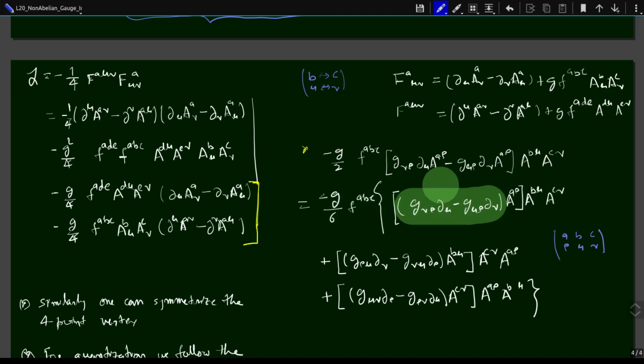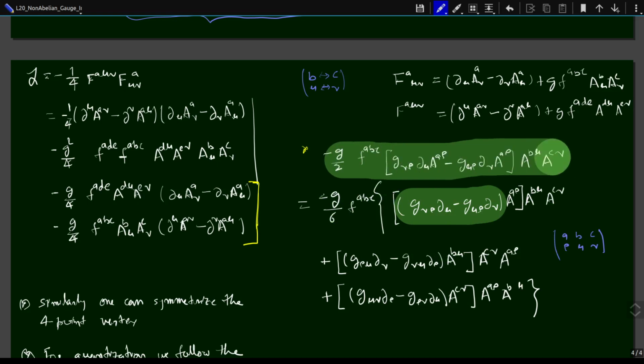Looking at just this piece, it is again completely symmetric, because it's a cross term between an antisymmetric piece and an antisymmetric piece. That has to be symmetric.